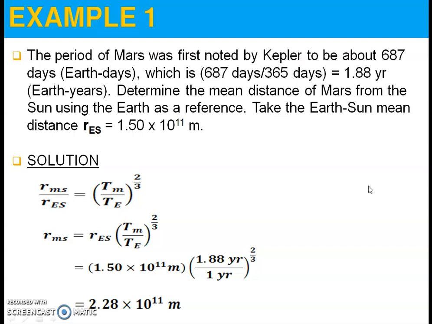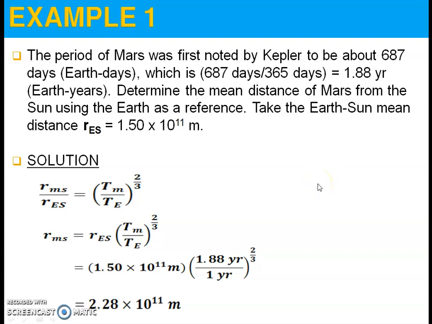Now let's solve some examples. Example 1. The period of Mars was first noted by Kepler to be about 687 days, which is 687 days divided by 365 days, which gives 1.88 years as measured from Earth.